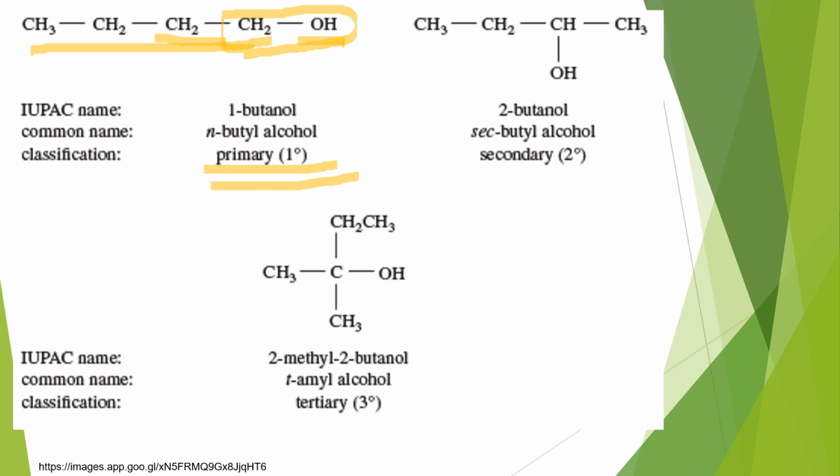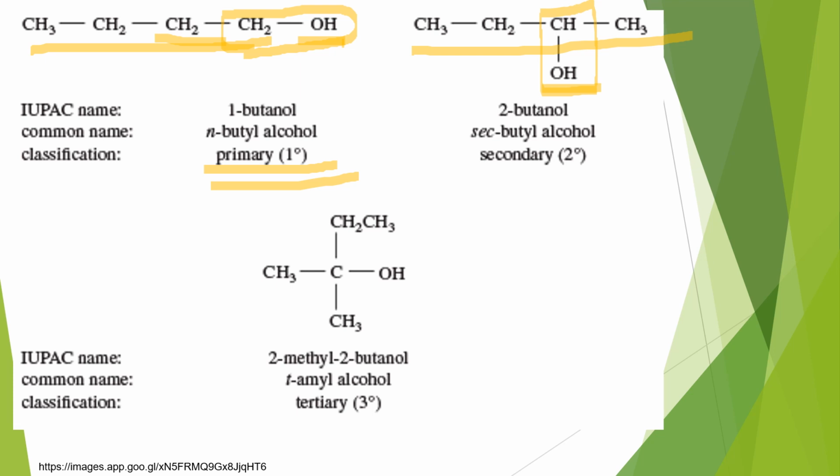Similarly, if you look at this structure, again it is butane containing an alcohol. This is 2-butanol, isn't it? Now, what type of alcohol is it? Is it primary or secondary? What you have to look at is the number of carbons bound to the hydroxy-bearing carbon. Which is the hydroxy-bearing carbon here?